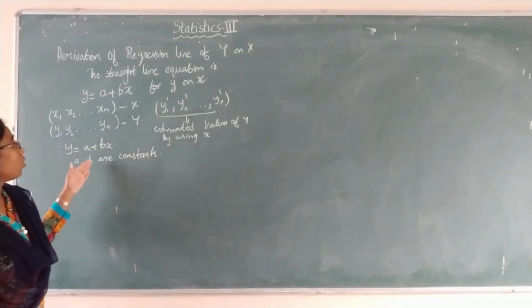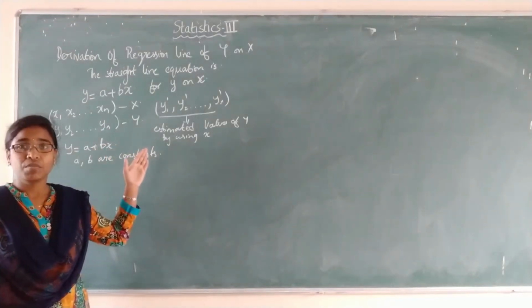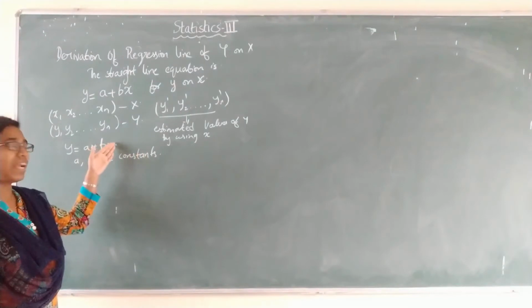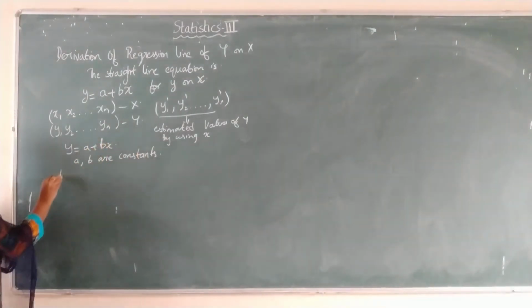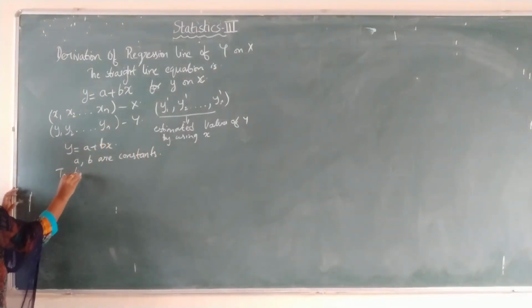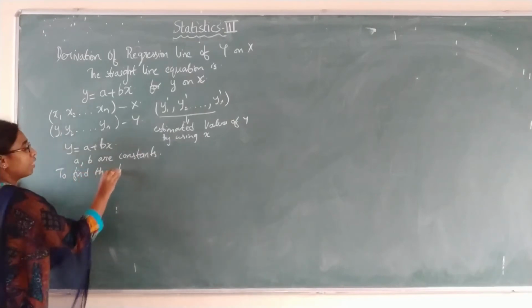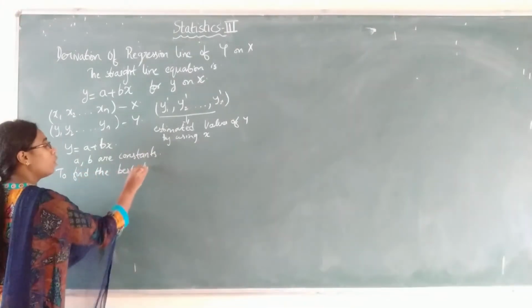How do we estimate the constants for this straight line? By finding the best fit.